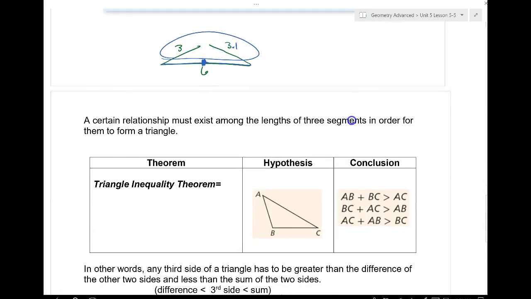Now that's given, it's called the triangle inequality theorem. Okay, and this is what it says. I love the conclusion because it basically shows you have three scenarios you have to consider when you're doing this.